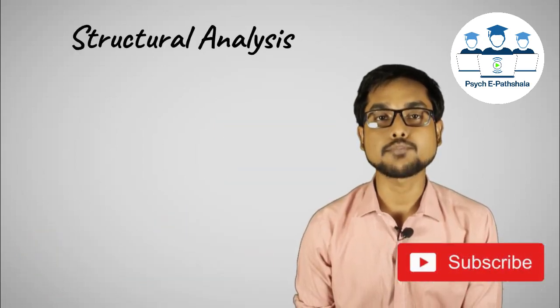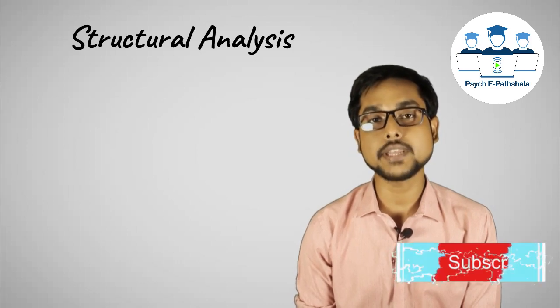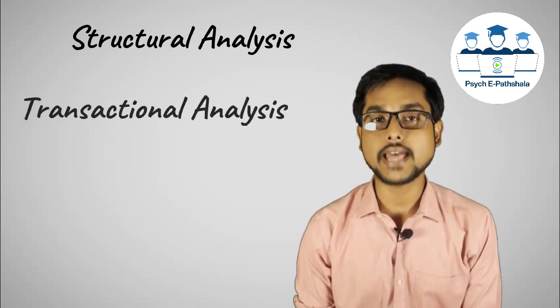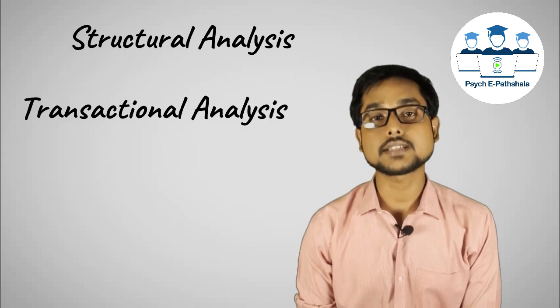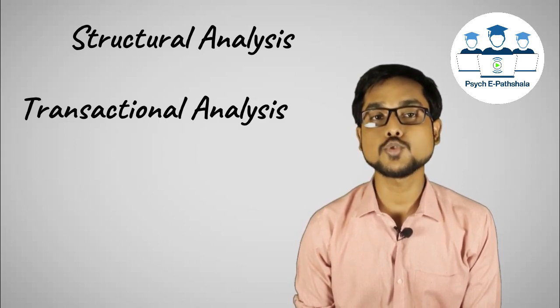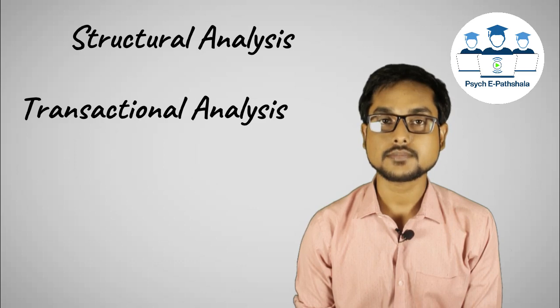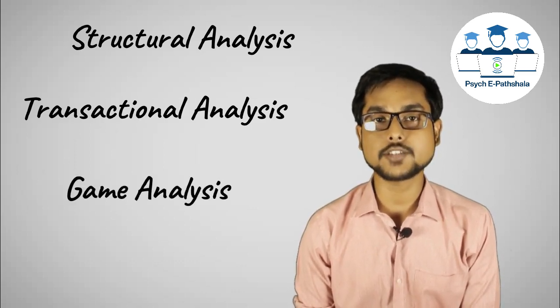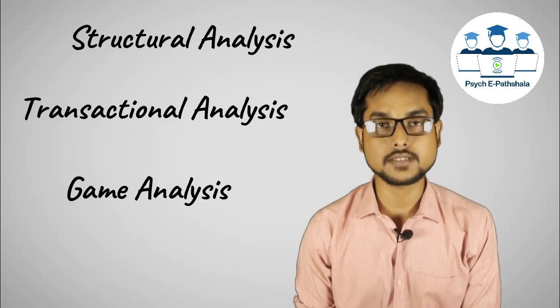The first one is structural analysis, that means understanding what is happening within the person. Second one is transactional analysis, that means describing what happens between two or more people. Third is game analysis, which means understanding transactions that lead to bad feelings.